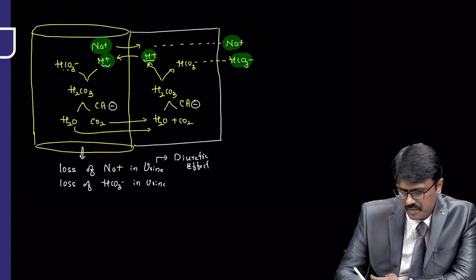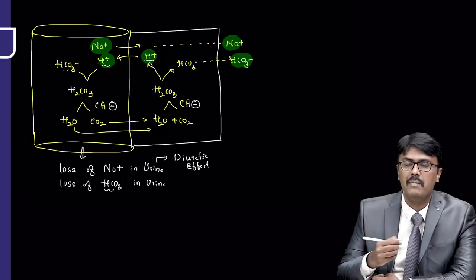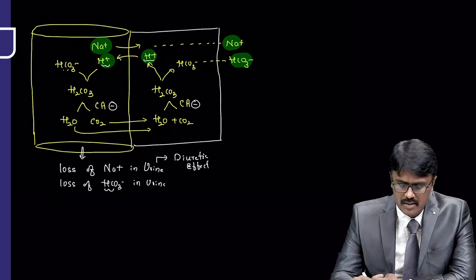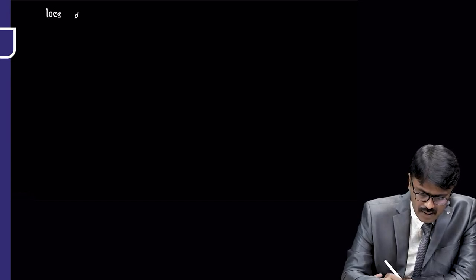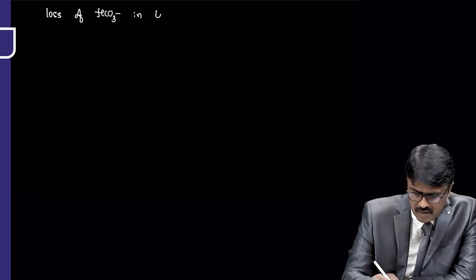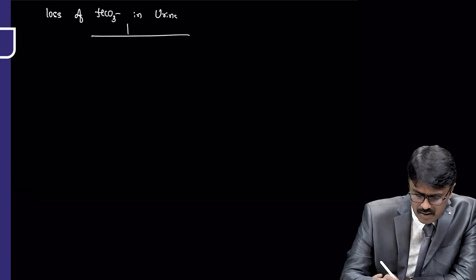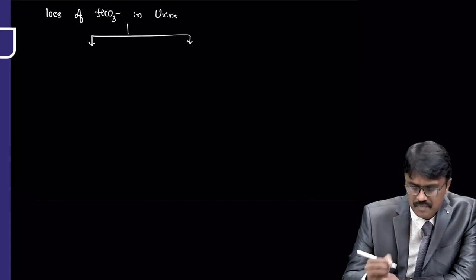And what is the point I need to understand when you lose bicarbonate in the urine? So let us understand that. When you lose bicarbonate in the urine, two important things happen.